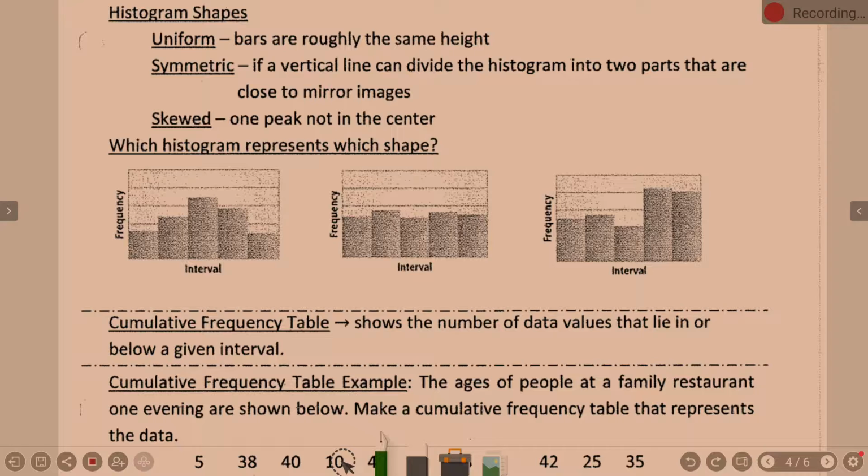Symmetric, you know what symmetric means, right? You fold it in the middle, it's the same on both sides. So symmetric, if a vertical line can divide the histogram into 2 parts that are close to mirror images. So maybe not exactly, but very similar. And skewed, 1 peak, not in the center. So the data is skewed one way or the other, where there's a higher point one place or the other.